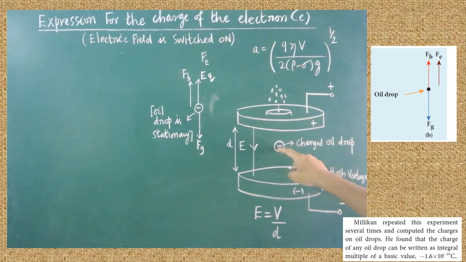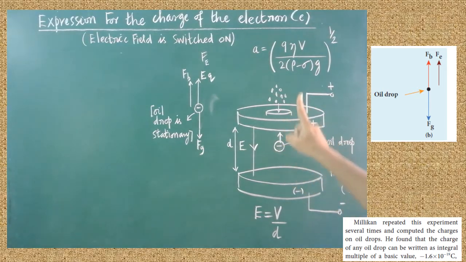Therefore an ordinary oil drop will be converted into a charged oil drop. On each oil drop, a few electrons may be sticking. Due to the sticking of the electrons, the oil drop becomes a charged oil drop, so it acquires negative charge. Since it has negative charge, it will experience an upward electric force. Are you clear? So it will be attracted towards the upper plate.